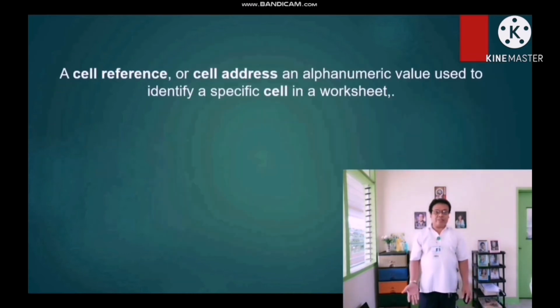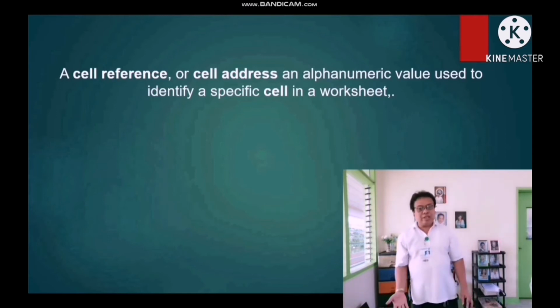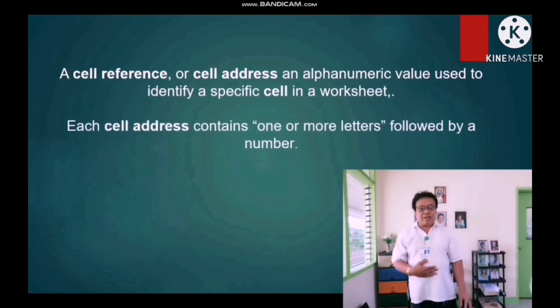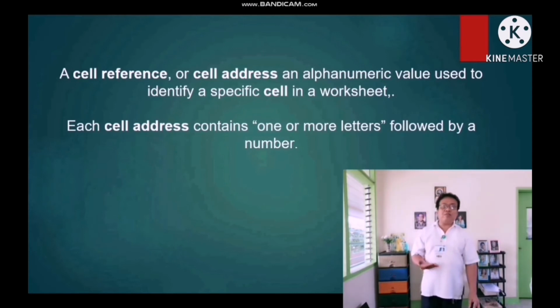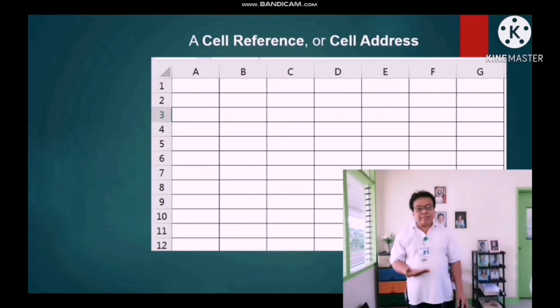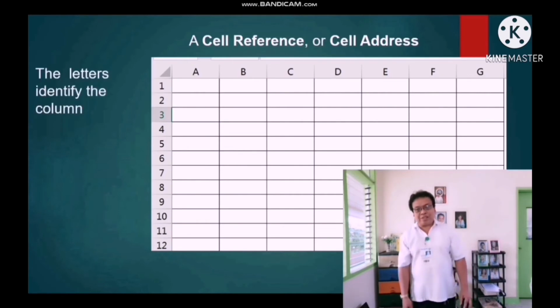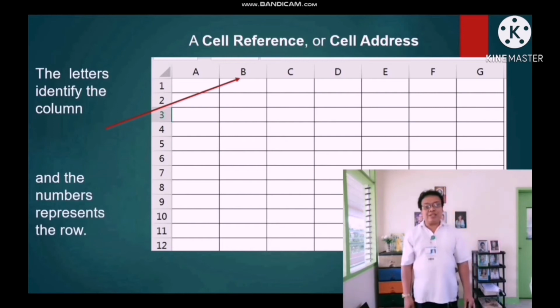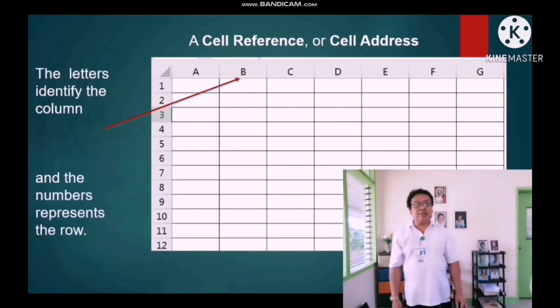A cell reference or cell address is an alphanumeric value used to identify a specific cell in a worksheet. Each cell address contains one or more letters, followed by a number. The letters identify the column, and the numbers represents the row.